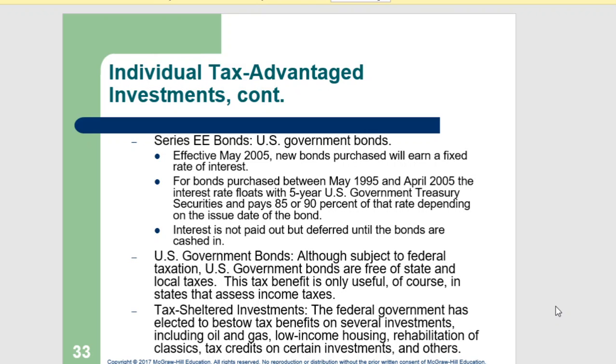For example, if you are traveling for work and need to eat at restaurants, there's a certain tax treatment for the way those meals are taxed.